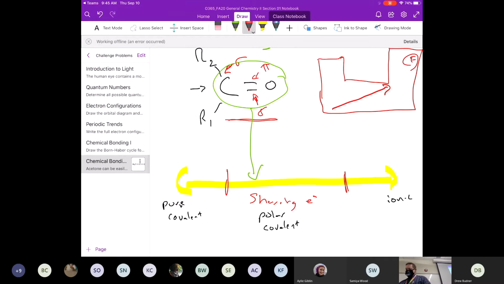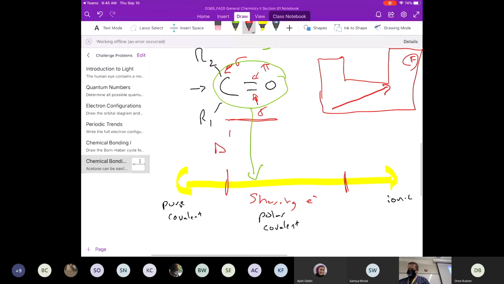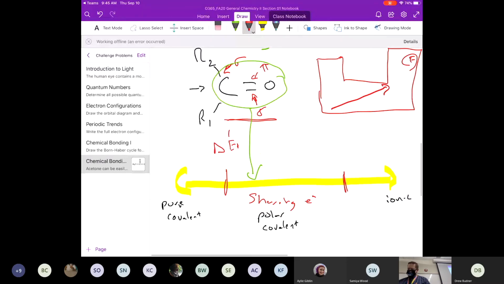So from the lecture, what was the sort of cutoffs between pure covalent and polar covalent? It was a difference in electronegativity of what? 0.4, right? Everything less than 0.4 we consider pure covalent.